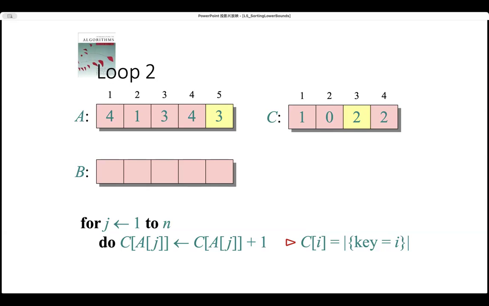Before I explain the third loop and fourth loop, if you are a student who has learned how to do programming, you can probably say, oh, this is easy, right? Because you already have this information in array C. So you can say, I just output 1, 2 twice... I mean, 1 once, no 2, 3 twice, and 4 twice, and I'm done with the sorting, right?